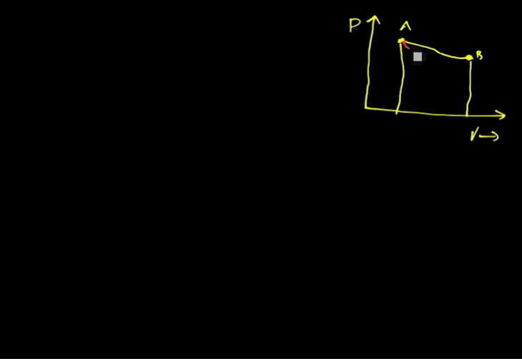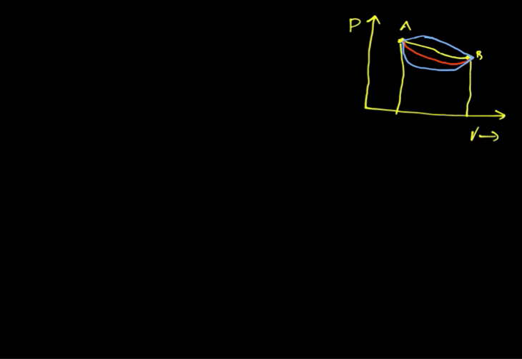That is, the system may move through this path, or the system may move through this path, or the system may move like this. So in all these curves, the initial and final points are the same. That means the initial and final states of the system are the same. But since they are traversing through different curves, the area under the curve is different.